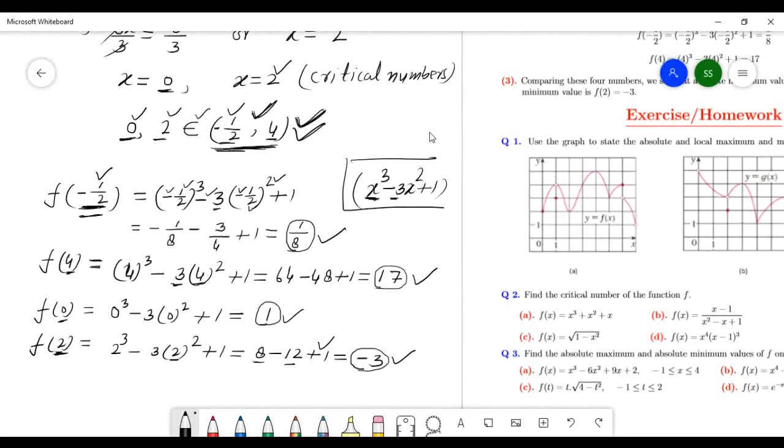So here you can see 17. 17 is the maximum number. So here the absolute maximum, you can write this way.